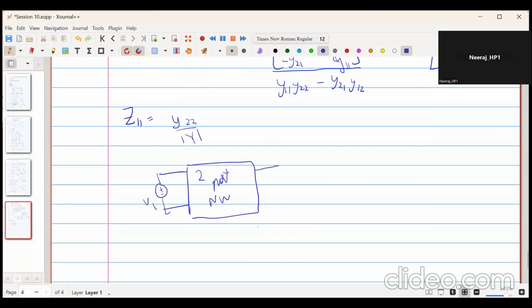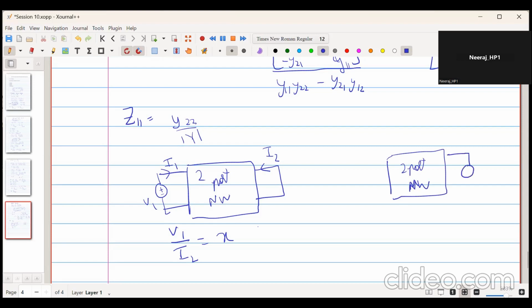This is V1 and this is short circuited. This is I1, I2, and this is I1. So if V1 upon I2, this is some ratio, let us assume it to be X. So I give an excitation over here V1 and I get a response at the other port, which is short circuit, I get a response I2. Similarly, there's another the same two-port network.